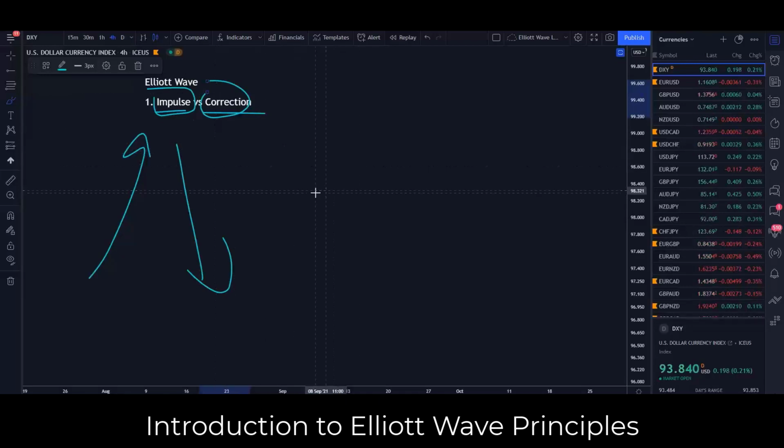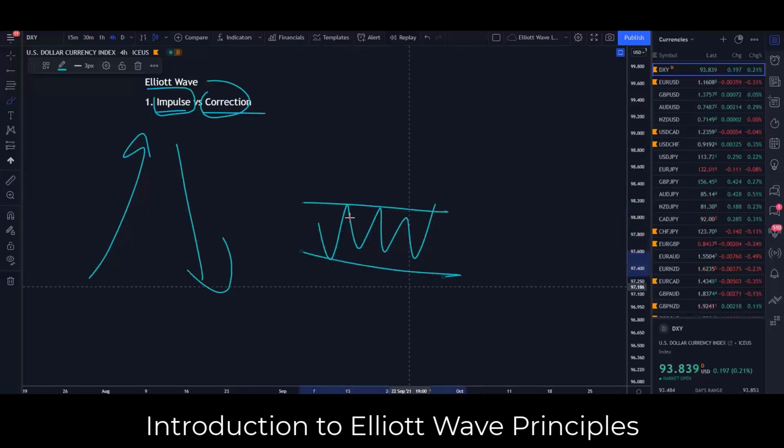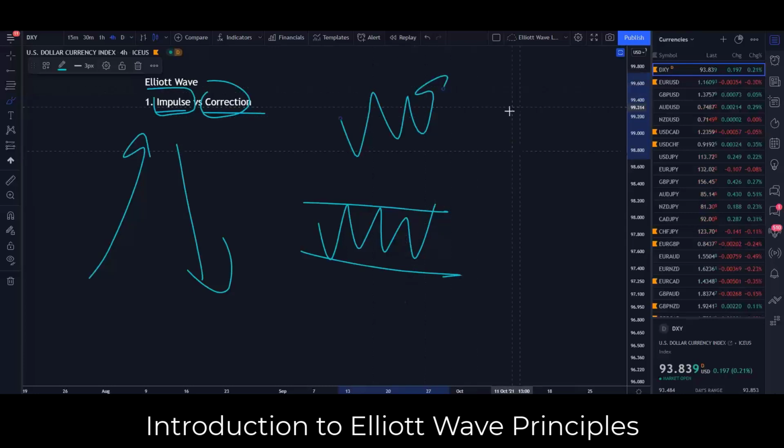Most of the time I draw a wavy line. This wavy line can be horizontal on the flat side, it can slant to the upside, and of course it can slant to the downside. So if you see me draw wavy lines, that's how I indicate a correction, and a straight line I indicate as an impulse.